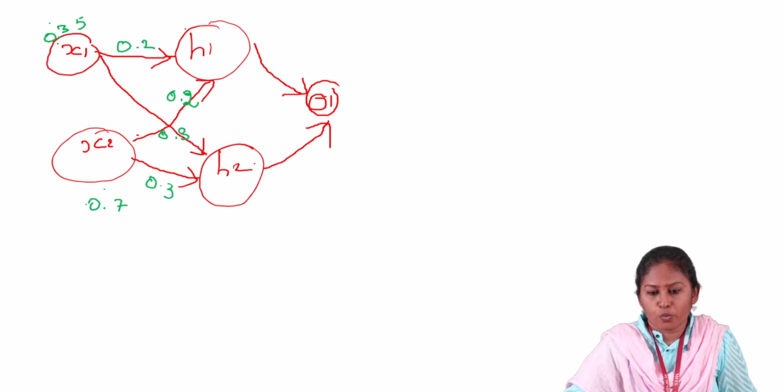From H1 to the output neuron, I'm assuming the weight is 0.3 and this weight is 0.9.